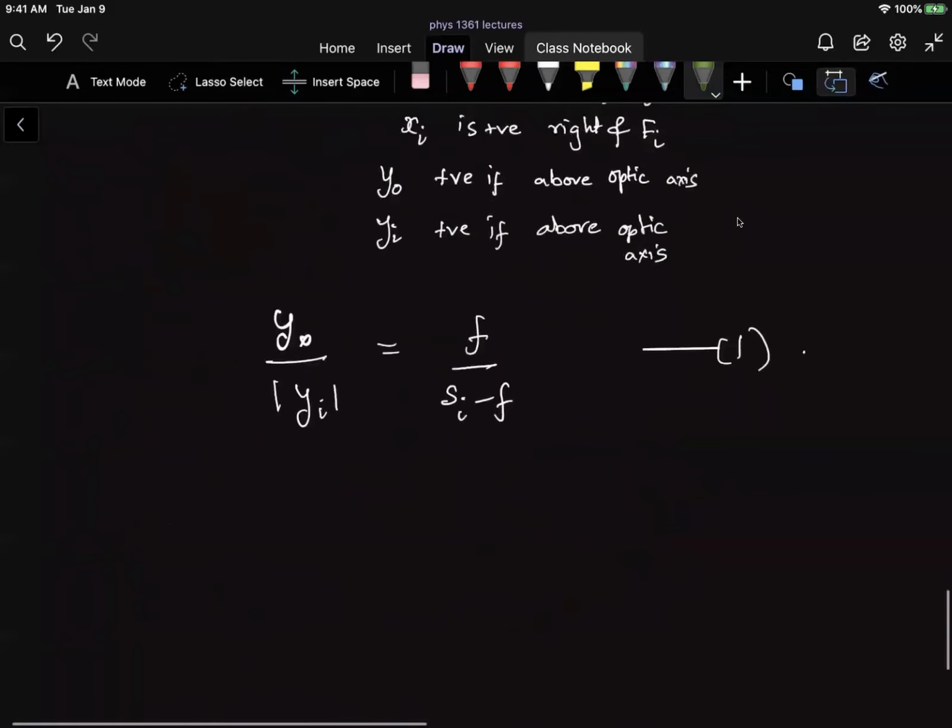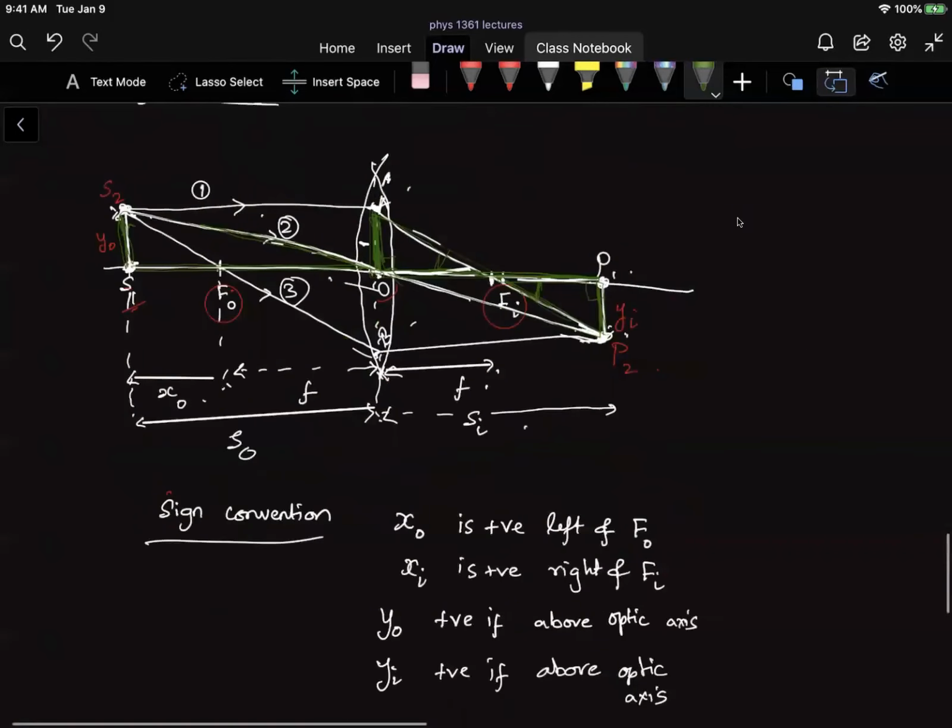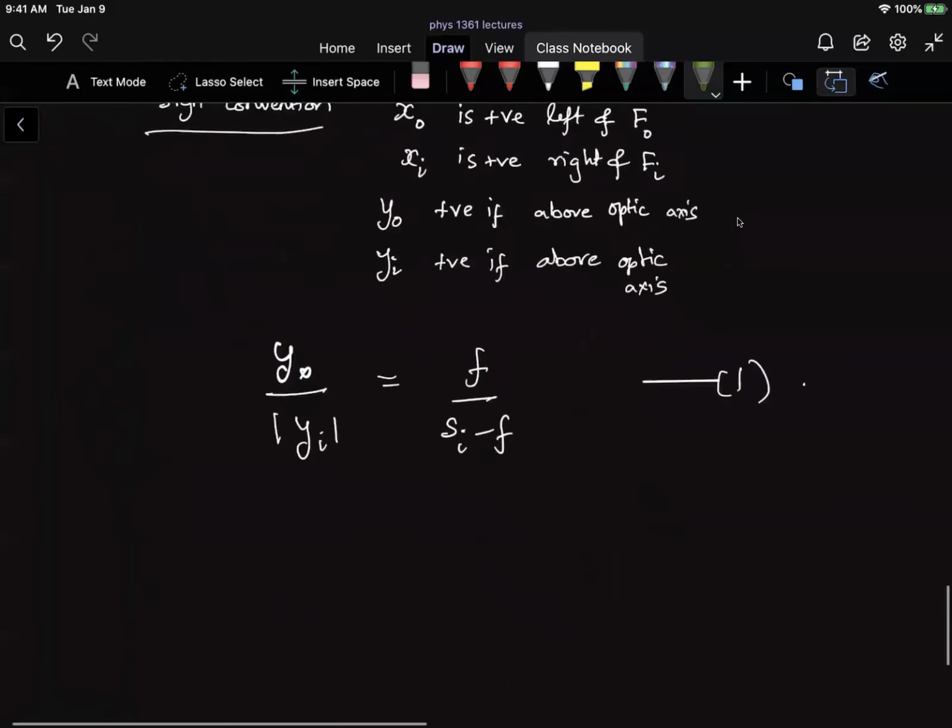So the triangles S1, S2, O and P1, P2, O are also going to be similar for the exact same reason.